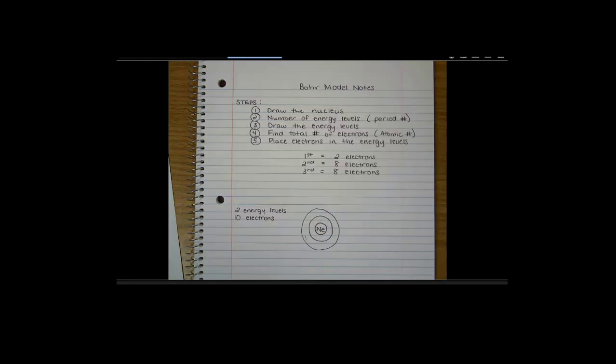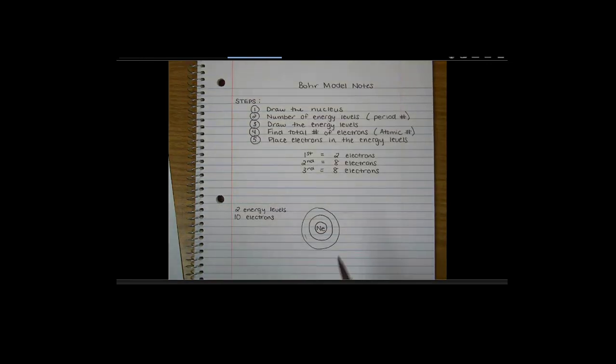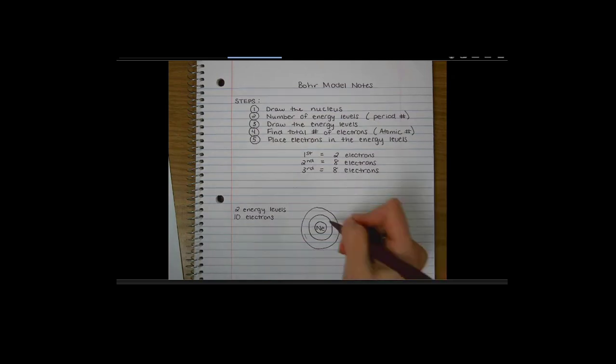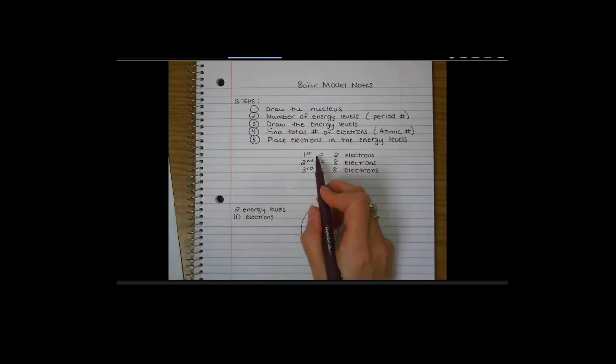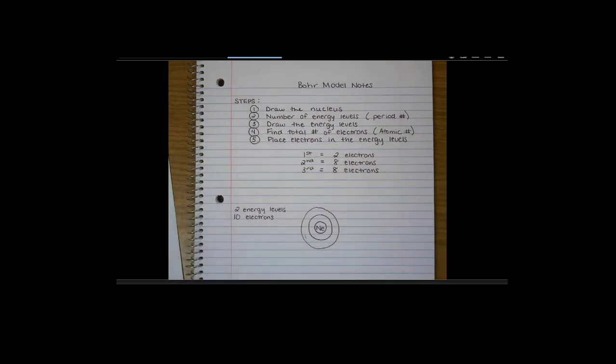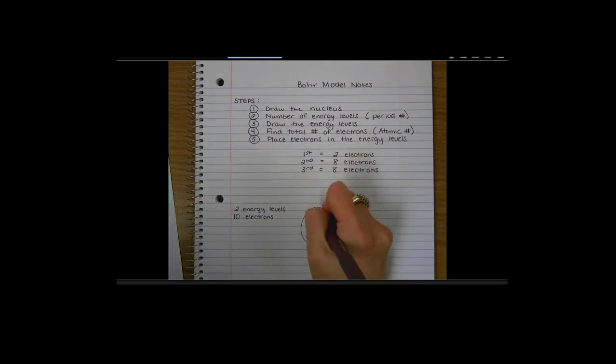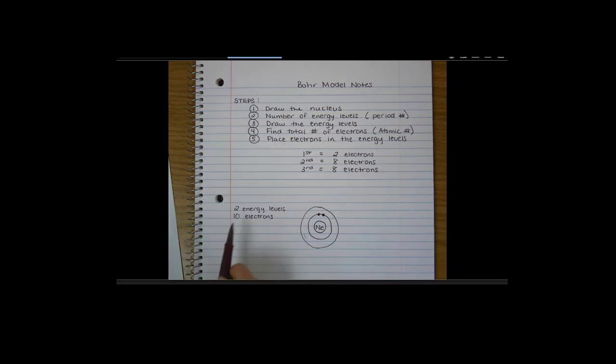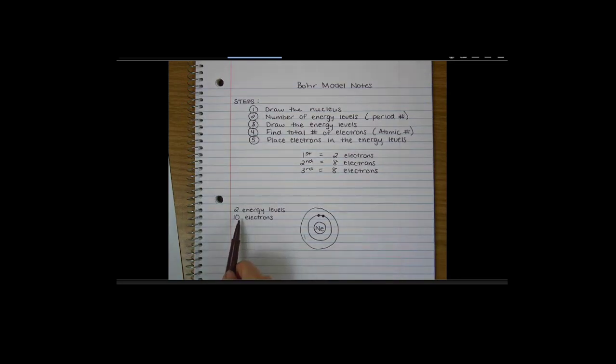So now that we have our rules, we can place the electrons in this Bohr model. So we know we have 10 electrons total. So I'm going to start with placing 2 in the first energy level. So the first one can only hold 2. So I'm going to put 2 in the first. So 1, 2. Now I have 8 more to place. So I placed 2. 10 minus 2 is 8. I have 8 more to place.